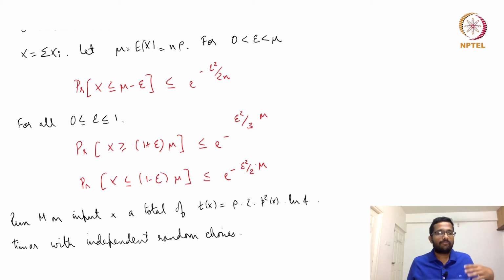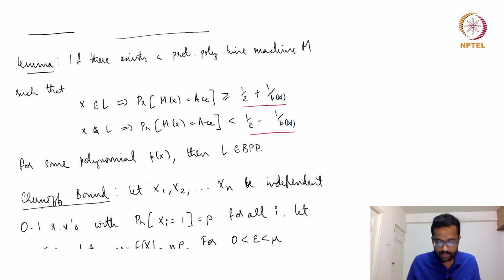So let's say this is true: x in the language, half plus 1 by p(x), not in the language, half minus 1 by p(x). Then let's say you repeat 1000 times. Again, this is just to give an intuition. Then the number of accepts is likely to be at least 505, and the number of rejects at most 495.